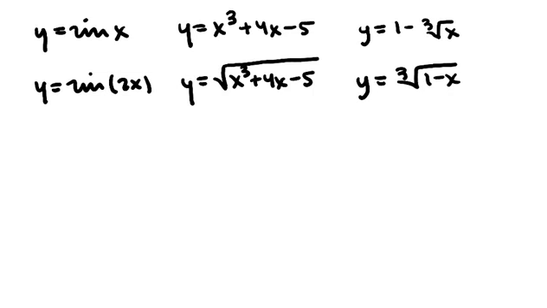Now what we're going to do is look at implicitly defined curves, which are honestly much more interesting. Notice how these are all y equals and then a string of things involving x.